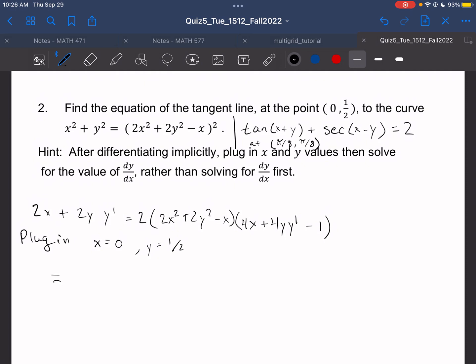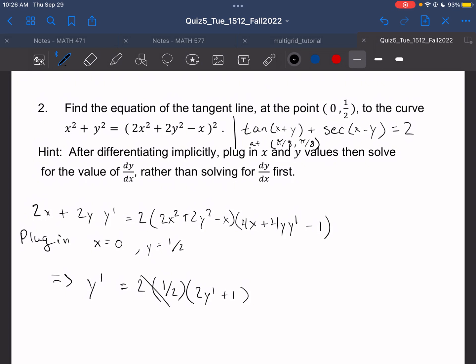So then that gives us, our x is going to disappear on the left, and then 1/2 times 2 is 1, so we have y prime equals 2 times (0 plus 1/2 squared, which is 1/4) times 2, that's 1/2, minus 0. And then the next one we have 0 plus 2 y prime plus 1.